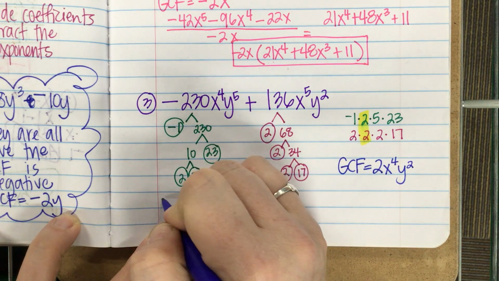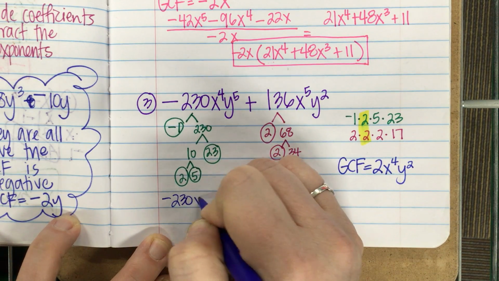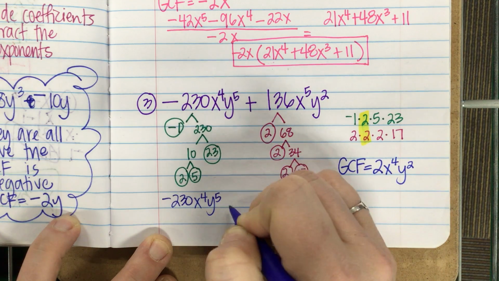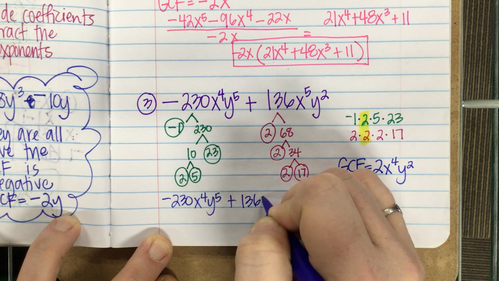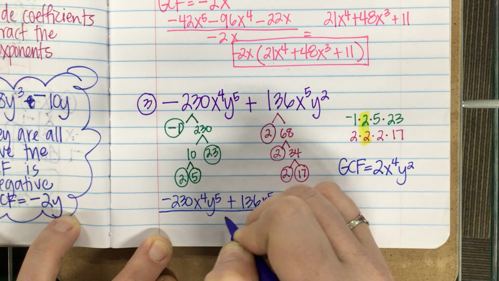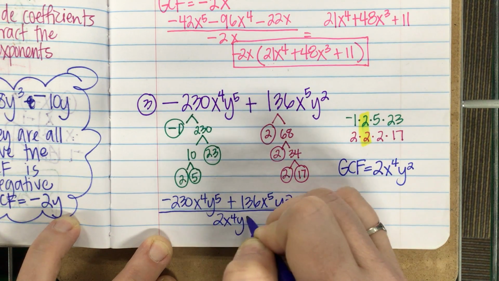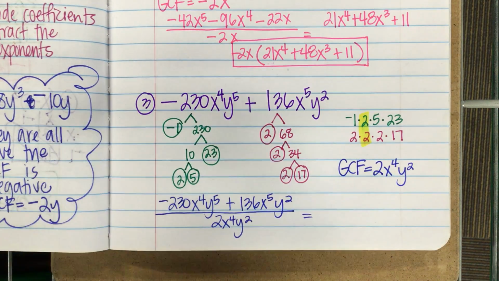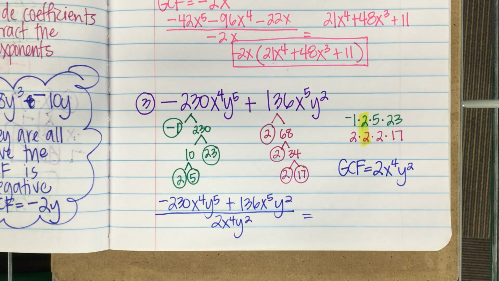All right, so let's divide negative 230 x to the 4th y to the 5th plus 136 x to the 5th y squared by 2x to the 4th y squared. Negative 230 x to the 4th y to the 5th divided by 2x to the 4th y squared.